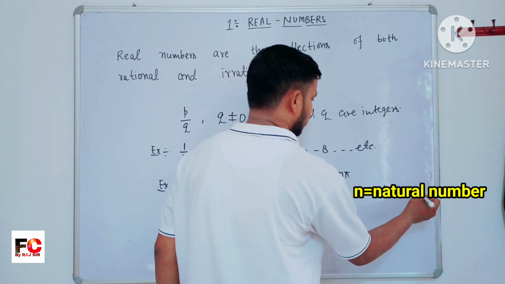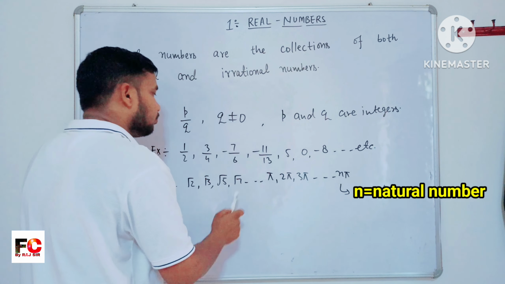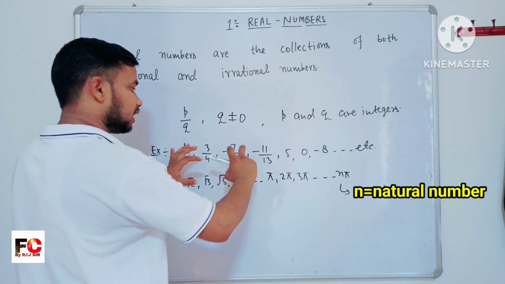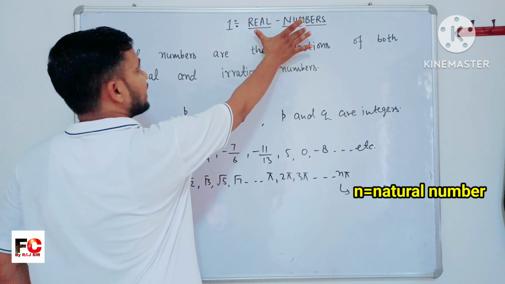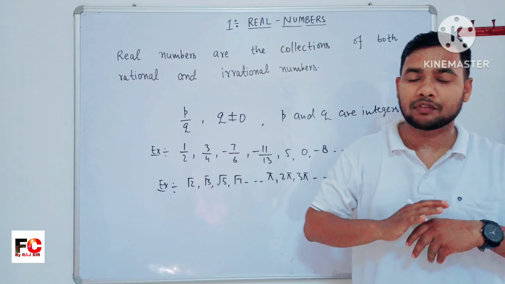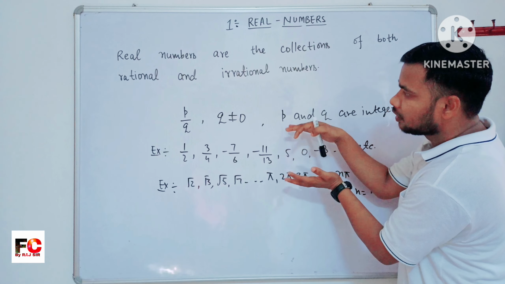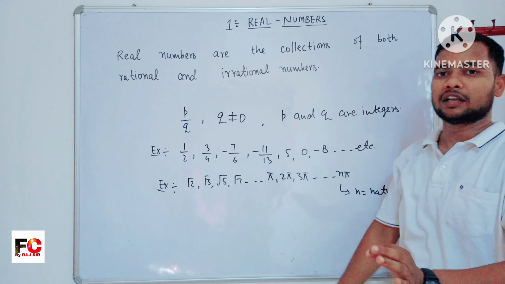So this collection of numbers, rational and irrational, is called real numbers. Got my point? The collection of rational and irrational numbers is called real numbers.